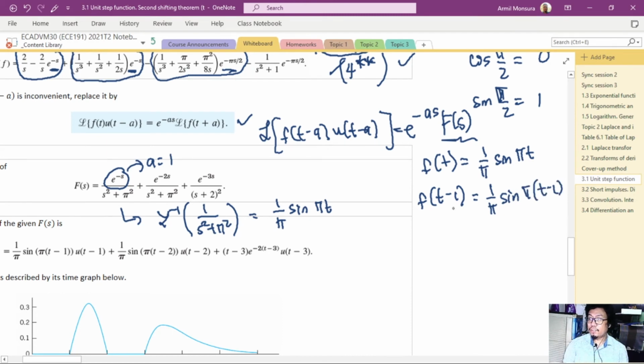Then, to complete the steps, we multiply this f of t minus 1 with a unit step of the same delay, u of t minus 1.